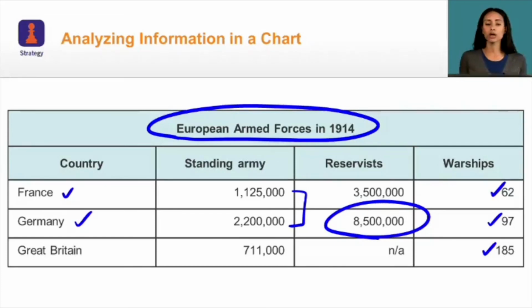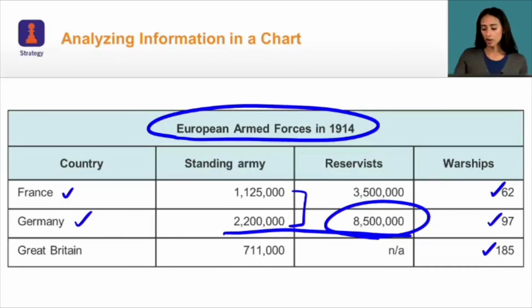Now, when you look at a chart like this, you want to ask yourself questions like, why does Germany have so many people in its standing and reserve armies? Well, remember, Germany is kind of sandwiched in between two countries that it does not trust at all, France and Russia. So it wants to keep a really large army so that it could be prepared to mobilize against either of those two countries, or perhaps both at the same time if it needs to.